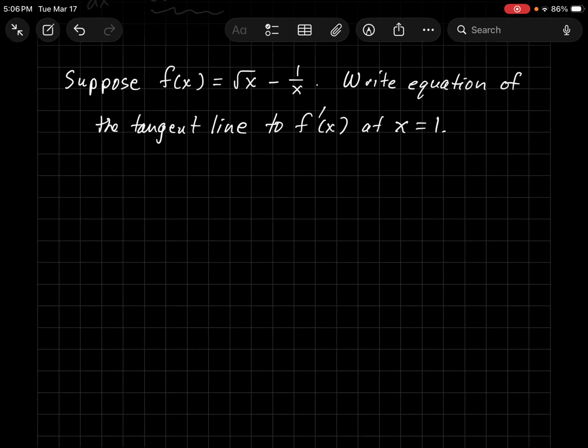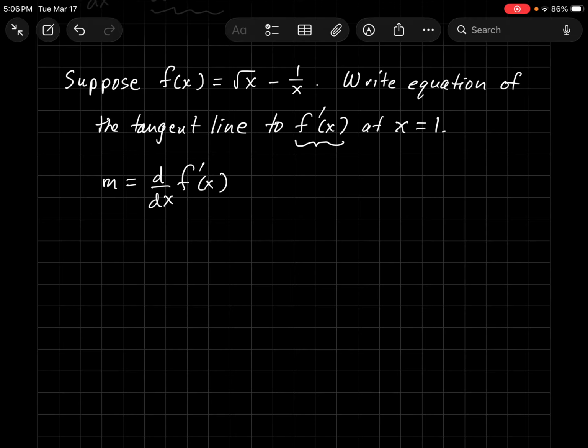So we're going to need 3 things, as always, when we write the equation of a line. We're going to need the x value, which we have as 1. We're going to need the y value, but you have to think of the y value as being my f prime of x. And then we're going to need the slope, which is going to be the derivative of f prime of x.